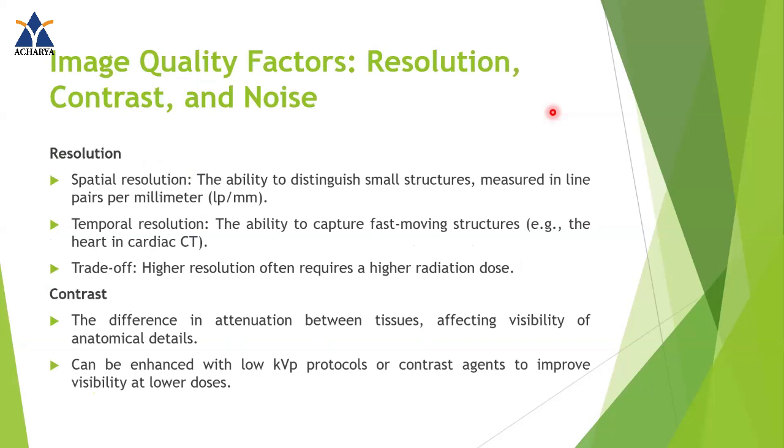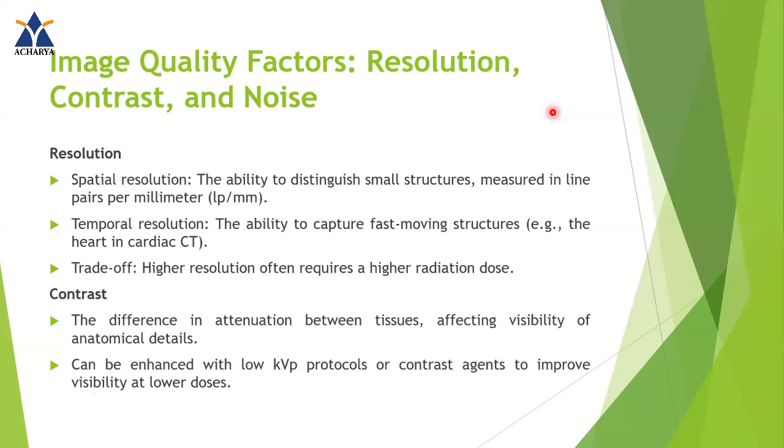Then image quality. Mainly there are three resolutions: spatial resolution, temporal resolution, and contrast resolution. Spatial resolution, you all know, is the ability to distinguish small structures, measured in line pairs per millimeter. Like two small structures adjacent to each other should be distinguished as two different structures.